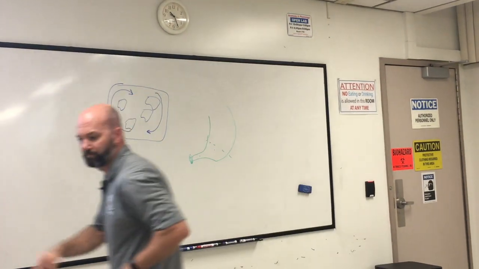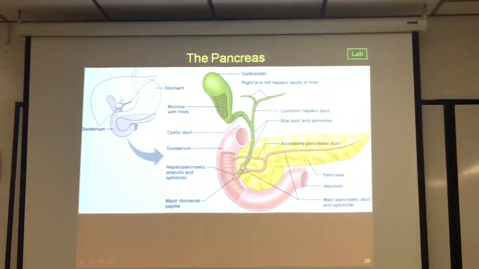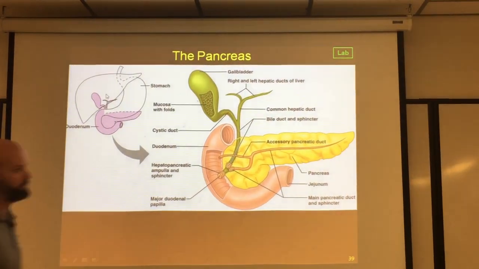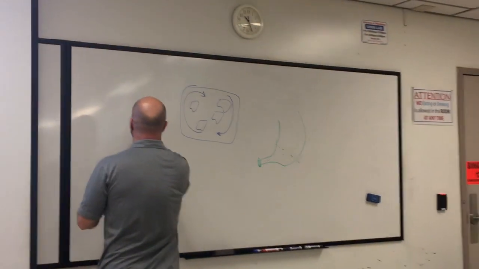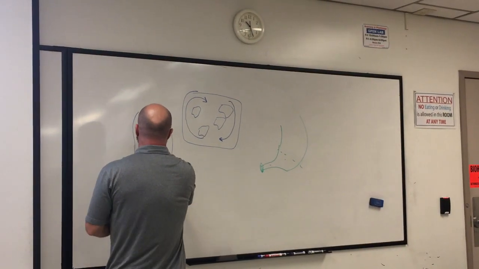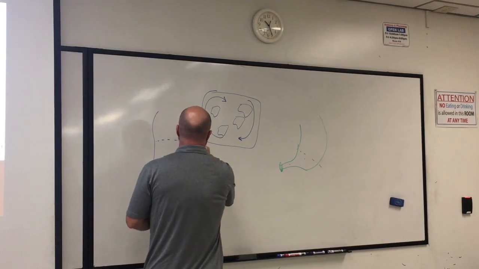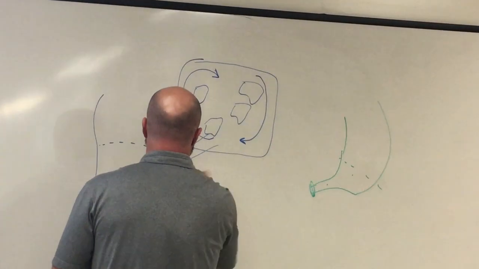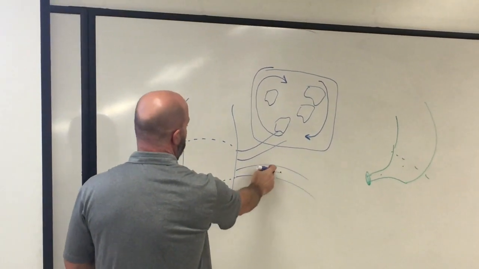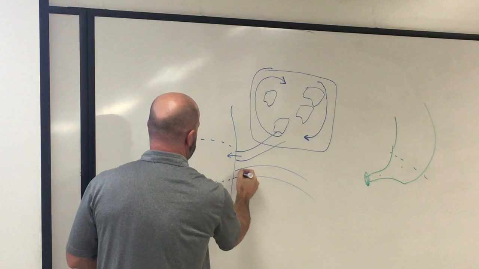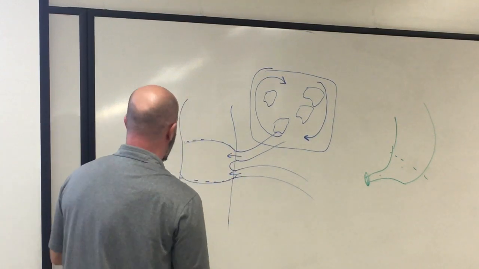So the ampulla is like running along with the epithelium? I'll draw it. So you have the common bile duct and the main pancreatic duct, each emptying into this big open space within the wall.